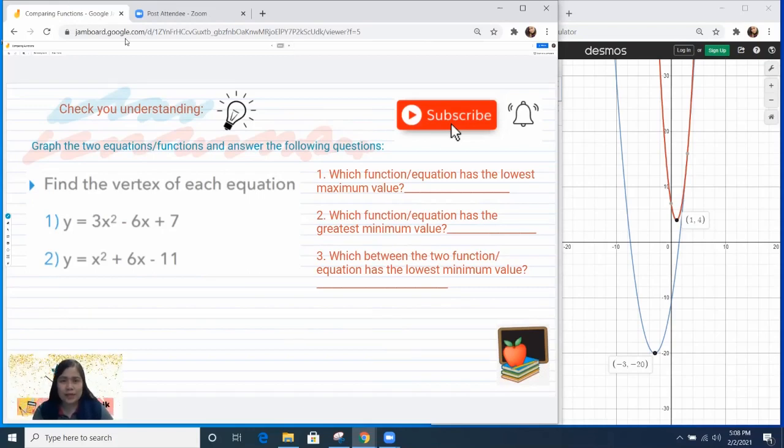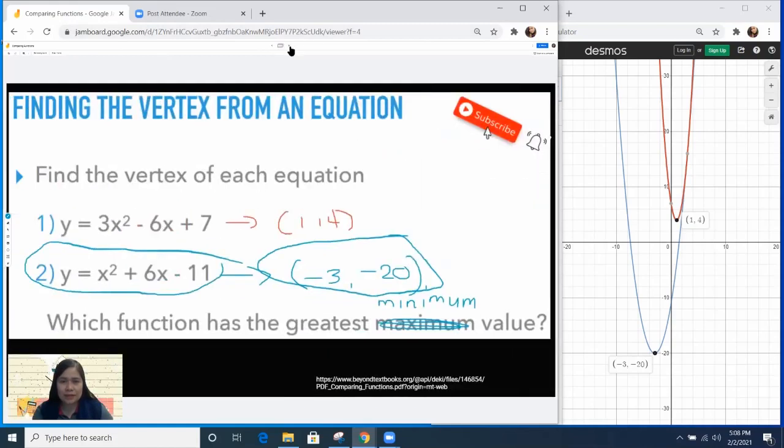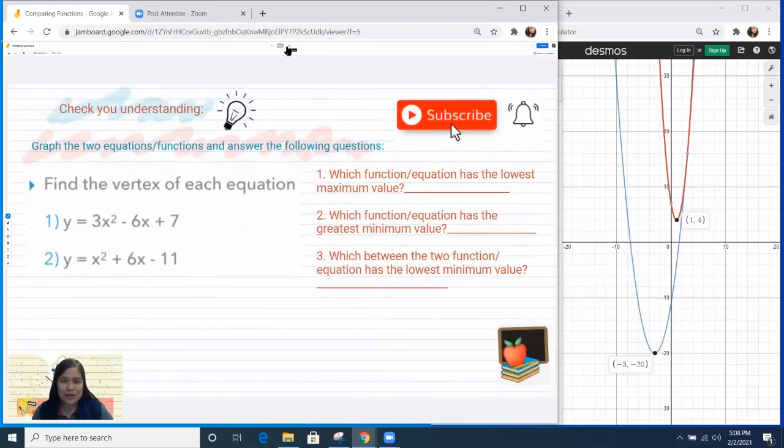I think we already answered that one a while ago. It says greatest minimum value. So you already have your answer in question number 2. And for number 1, use this one. As I mentioned a while ago, both of them have an infinite maximum value.